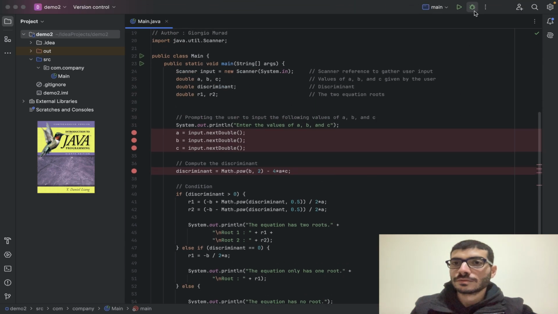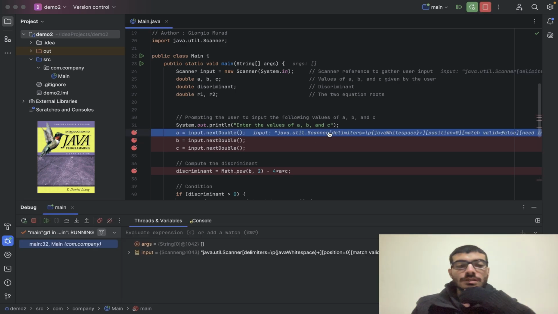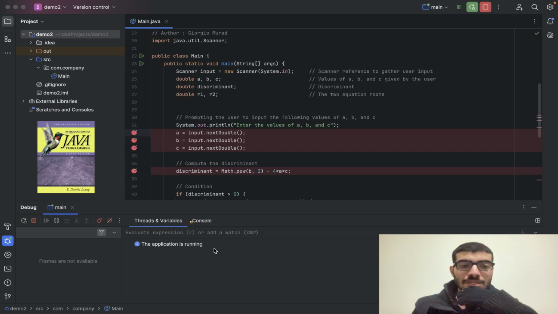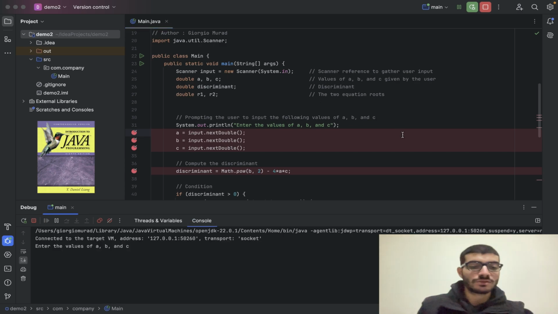Now, press here to debug. Okay, step over. Application is running. Alright, so now it's prompting me to enter values for A, B, and C. So let me just try and test it.